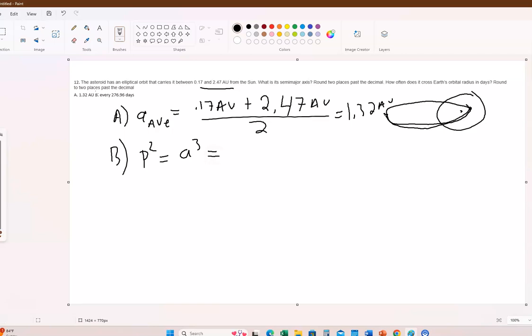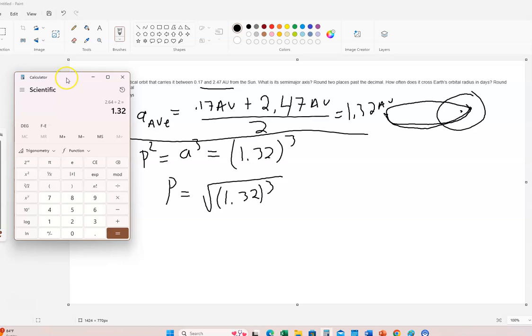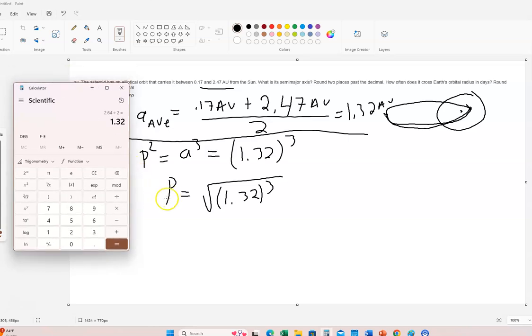So it's 1.32 cubed, and to get p, we take the square root of that. The square root of 1.32 cubed. That number's already in my calculator, which makes life a lot easier. Remember, the period will be in years.